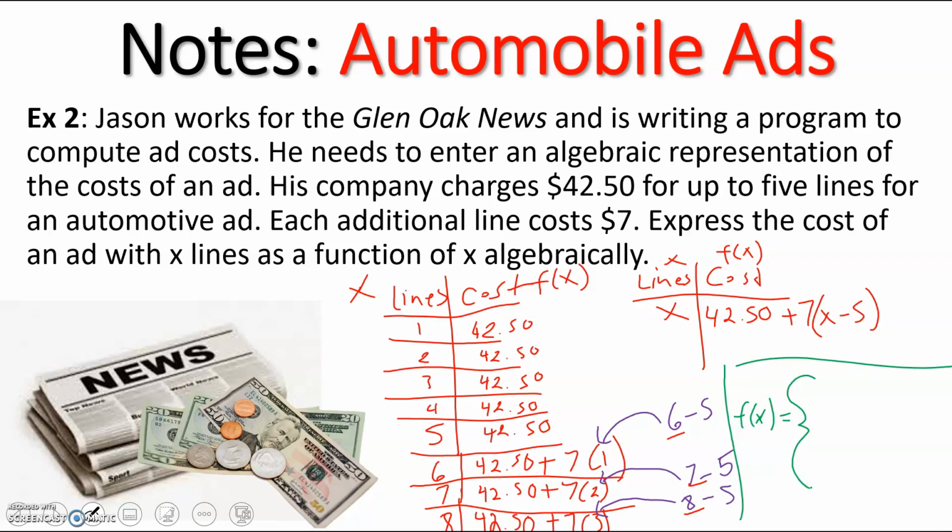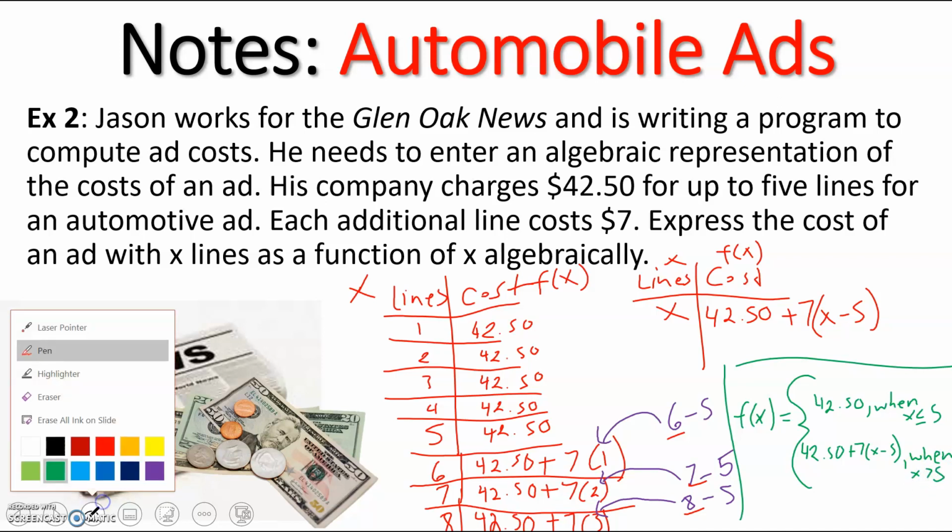It equals multiple pieces. We're going to say it equals 4250 when x is less than or equal to 5 lines. And then we're going to say it's equal to 4250 plus 7 times x minus 5 whenever we have more than 5 lines. So x is greater than 5.